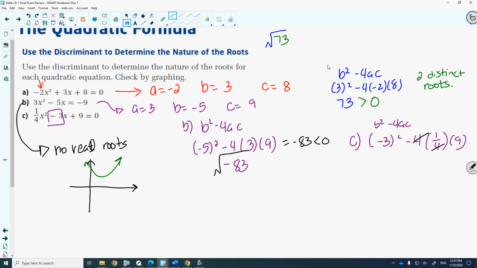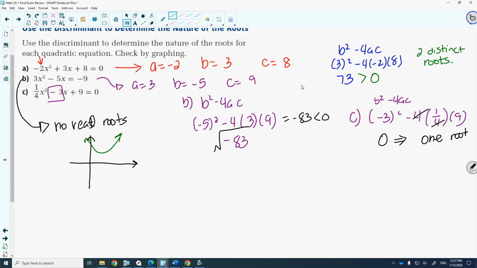Yeah, I'm getting 0. This guy will have 1 root. Okay, it could be said there's going to be one x-intercept, or they might say this. We use this terminology when we were on our test, 2 equal roots.